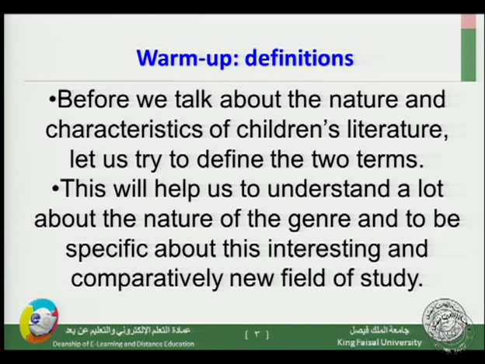For people specializing in sociology or anthropology or the humanities in general or even in medicine, there are lots of different definitions for the word child. We'll take the most important and appropriate ones for us. Literature as a word, as a concept, also has lots of meanings, and we will select the most appropriate ones, and then we will merge the two definitions together in what is recognized as children's literature.